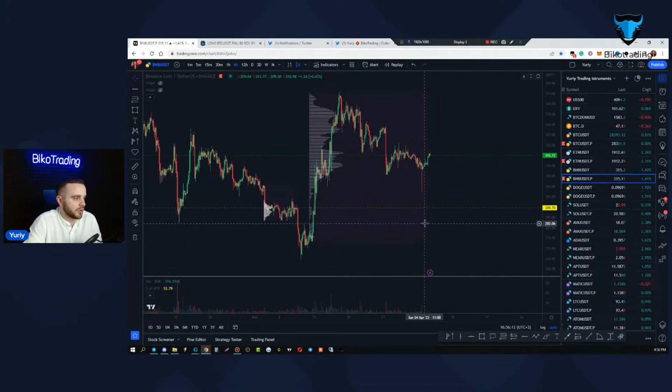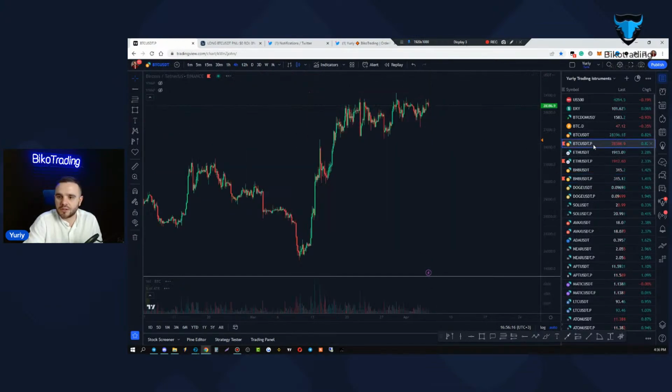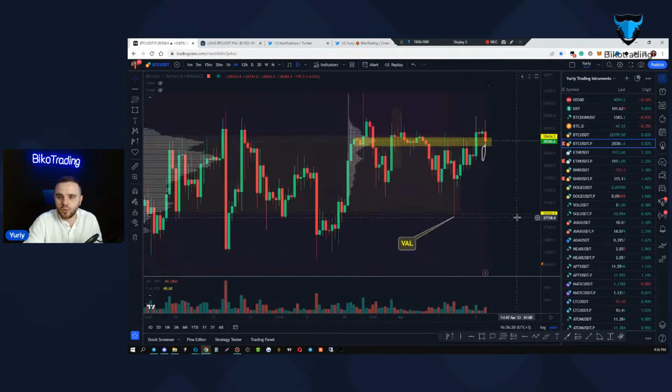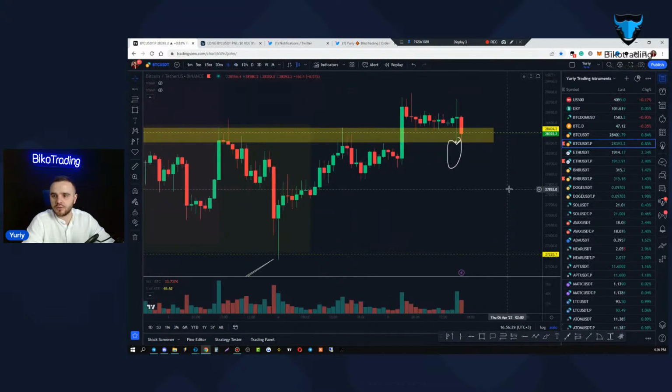Is BTC going to make a fake breakout right now? Honestly, my friend, at this moment, only if BTC closes below this level will I consider that BTC will go down. Have a look at this tail.